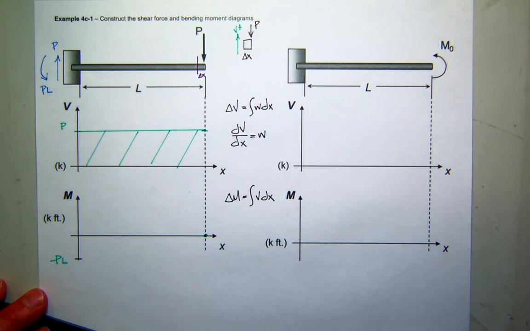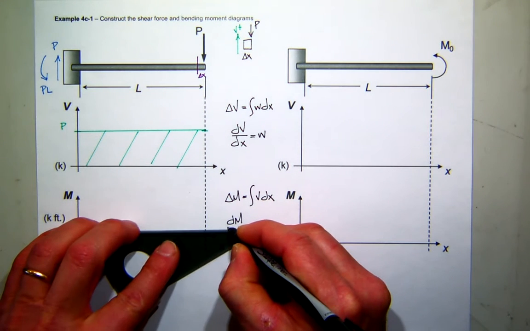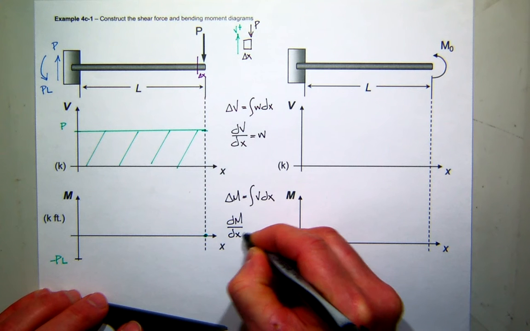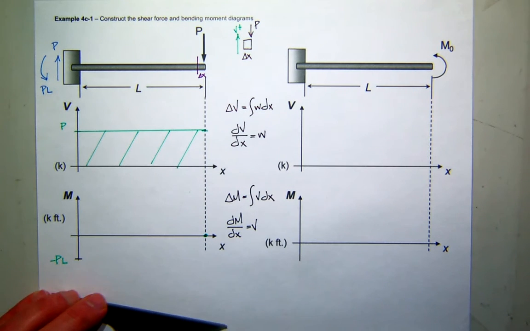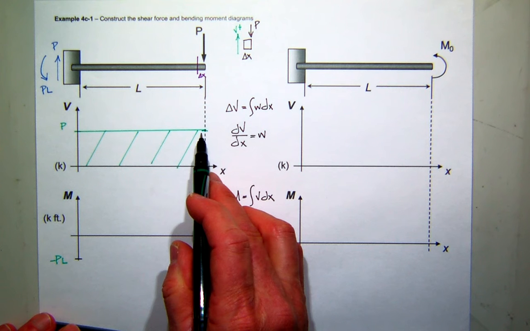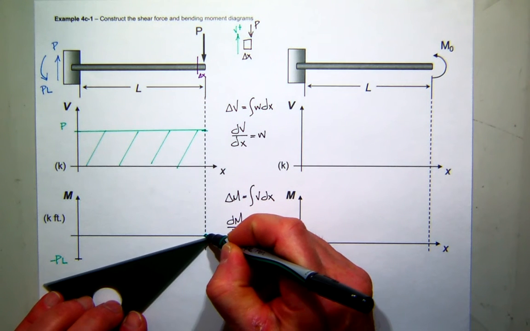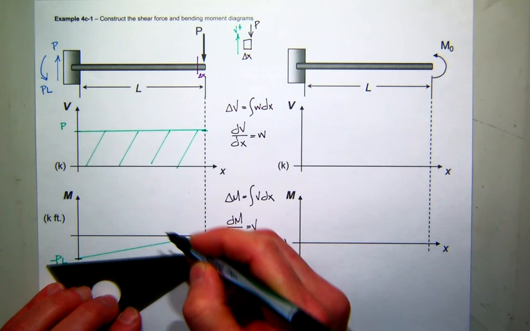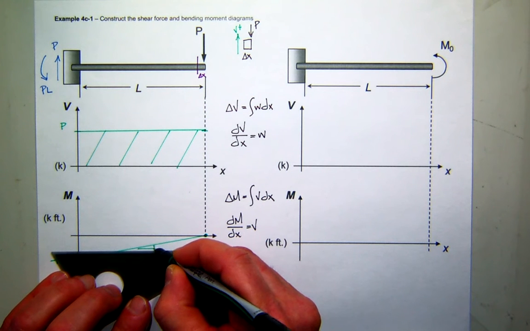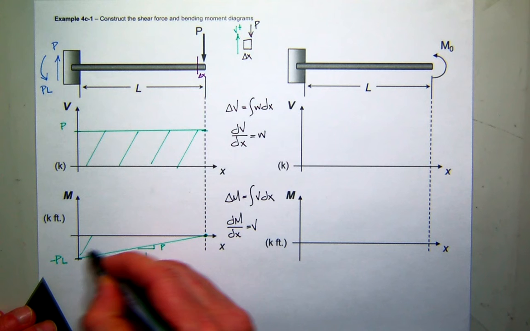So that works. And the slope of my moment diagram is equal to the shear. What's the shear value? Constant, positive, and equal to P. So here's a constant positive slope, which just happens to have a slope of P. So there's my moment diagram.